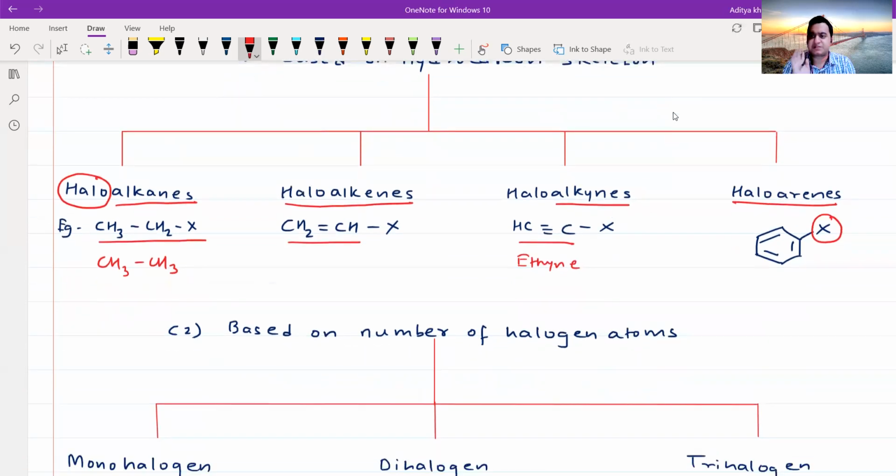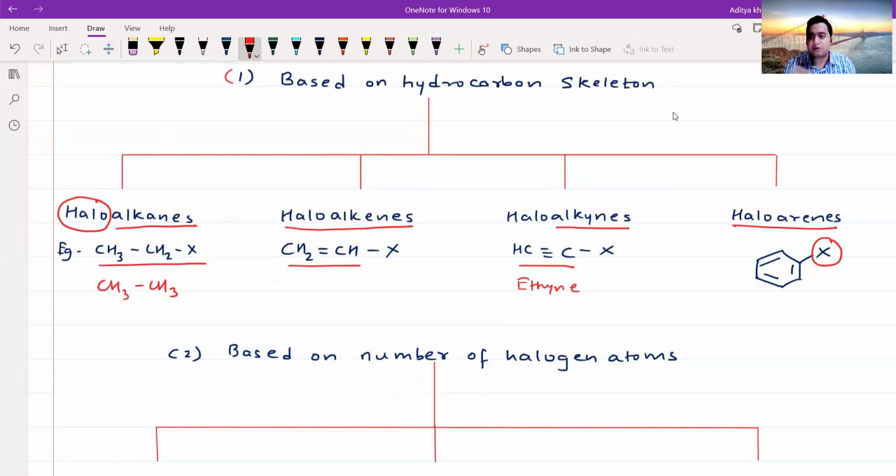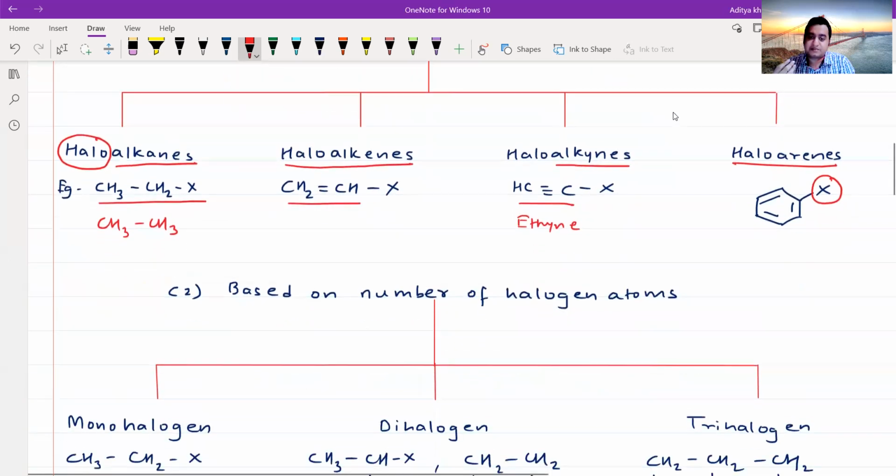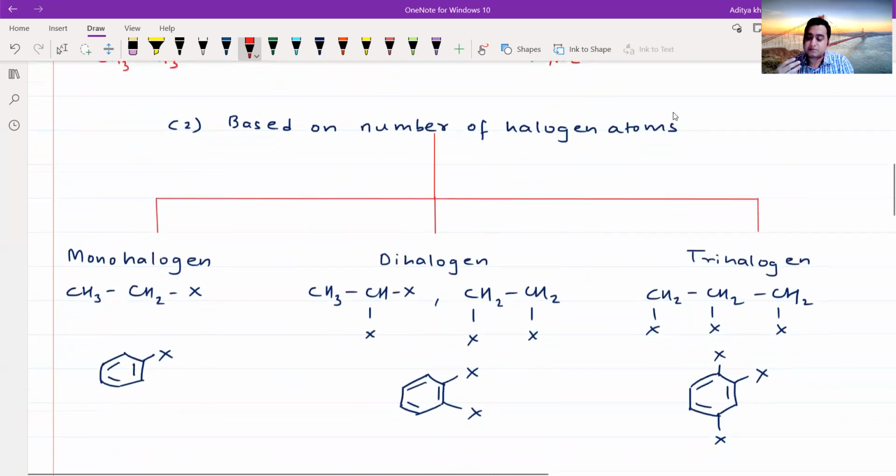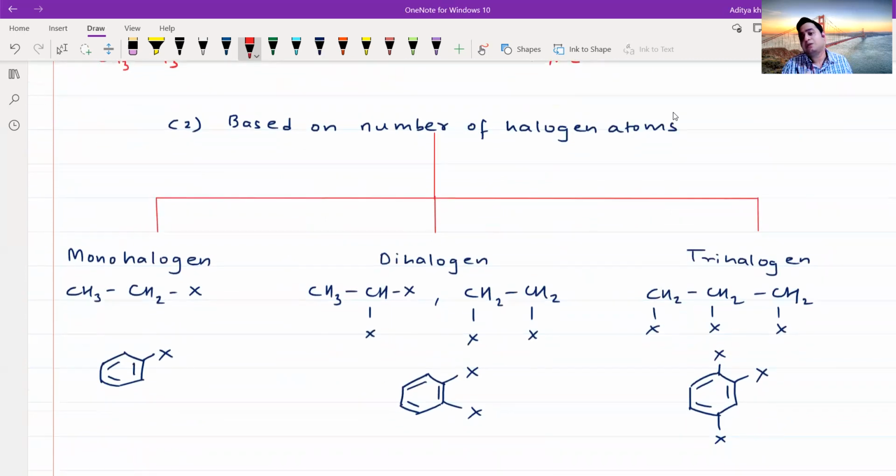Okay, this was the first classification based upon the hydrocarbon skeleton. Now, there is another way of classifying, which is based upon how many halogen atoms a compound has. The first type is monohalogen. Mono means one.